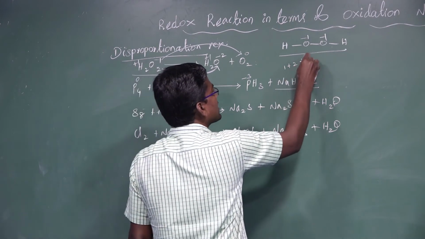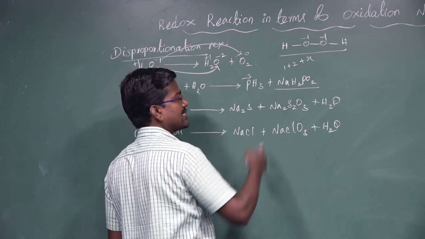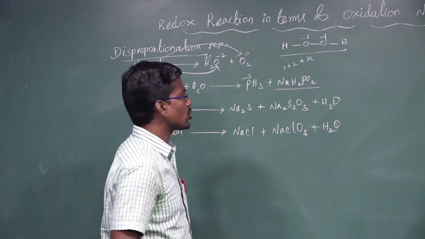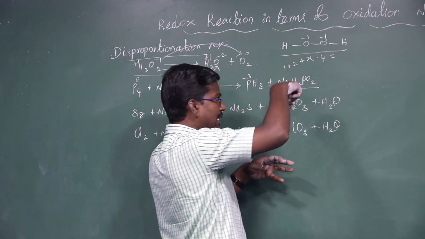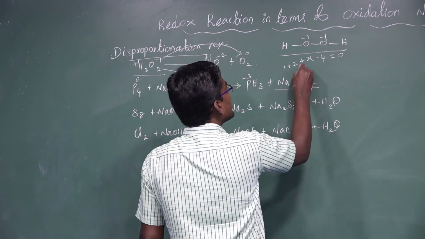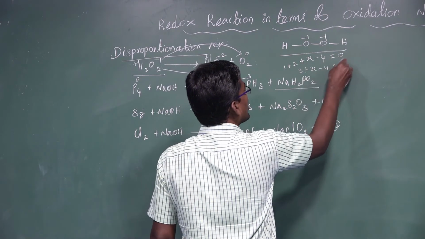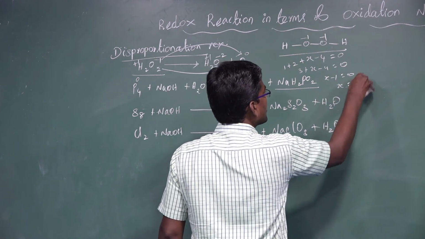Then phosphorus is expressed as x. The oxidation state of oxygen is minus 2. How many oxygens are there? 2 oxygens. 2 into minus 2 equals minus 4. The compound has no charge, so the sum equals 0. 3 plus x minus 4 equals 0. x minus 1 equals 0. x is equal to plus 1.